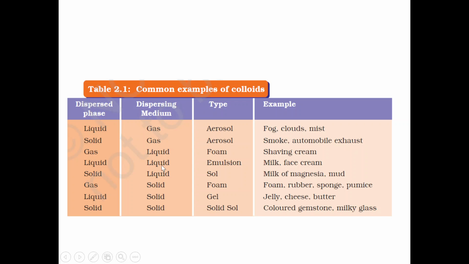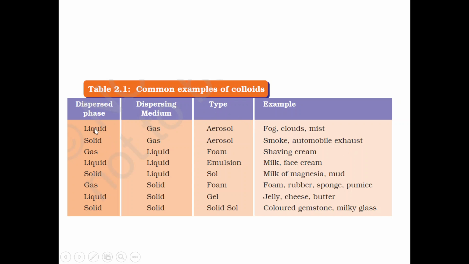If a liquid is dispersed in gas, the type of colloid is aerosol, and the examples are fog, clouds and mist. In air, whenever there are water droplets, which are liquid in nature, this type of colloid is called an aerosol.